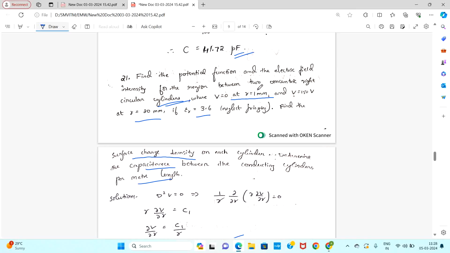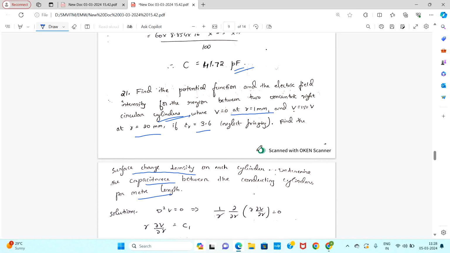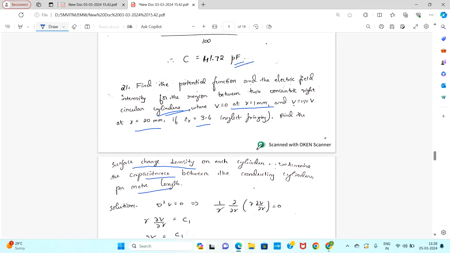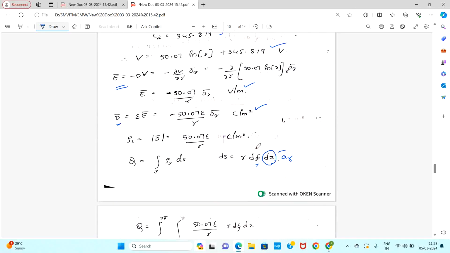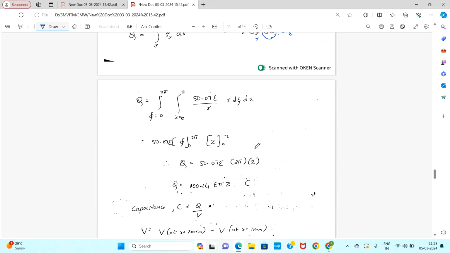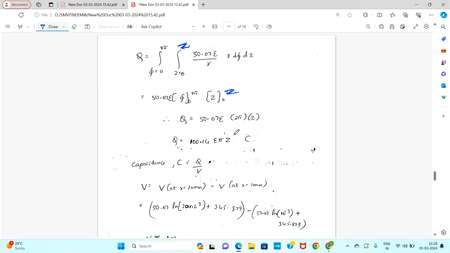Even though the cylinder is given at one particular point, the range is considered as 0 to 2. Sorry, this is not 2. Sorry, this is z, because we don't know the length of the cylinder, right? It's given as z here. So 0 to z, not 2, it's z. Just keep the z value as it is, length as it is, because we don't know what is the length of the cylinder.